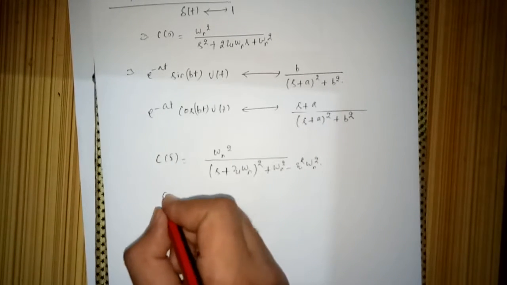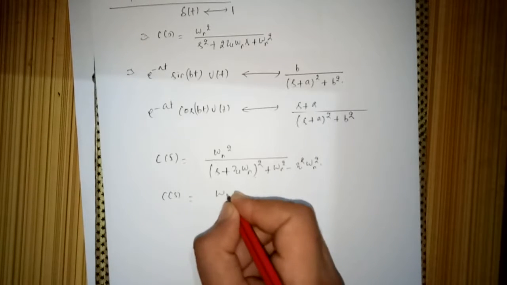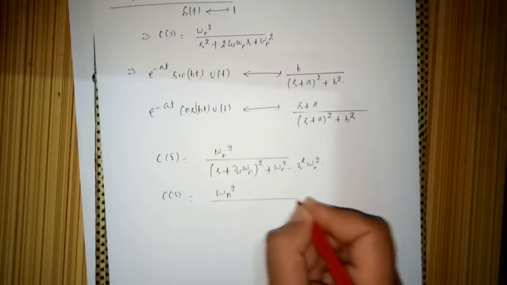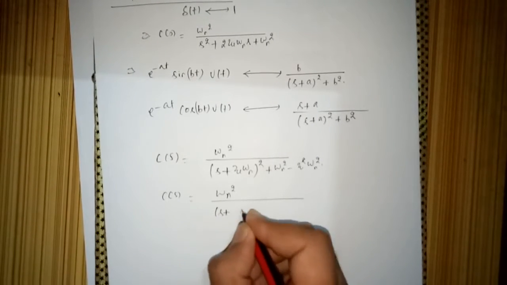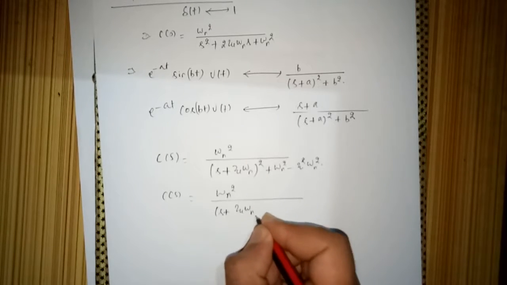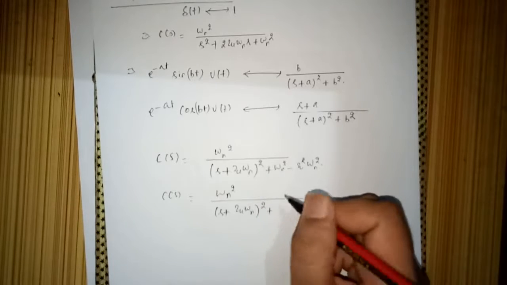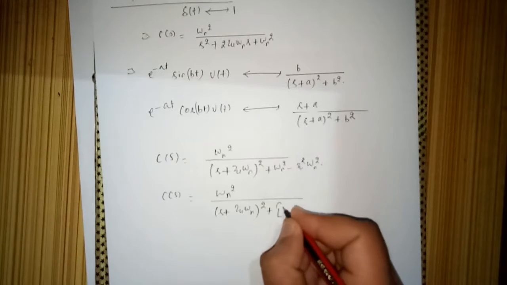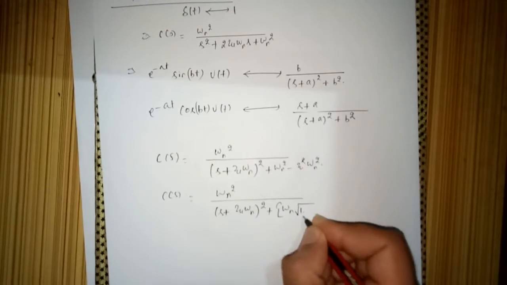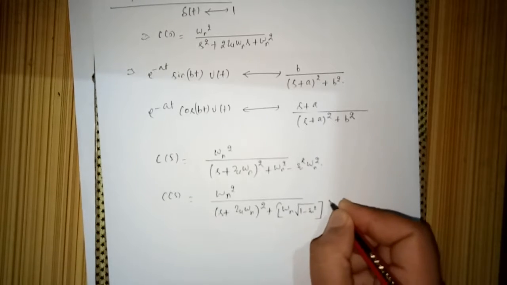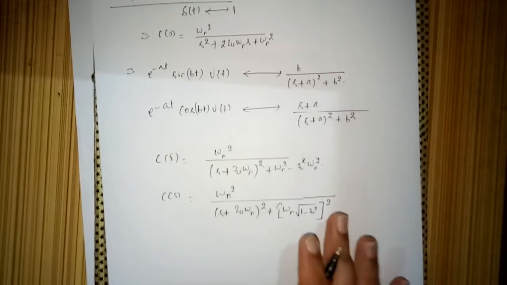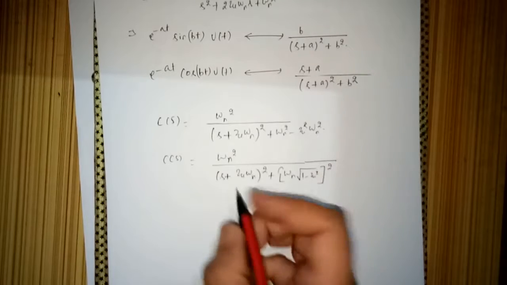And C(s) I can write as omega n square over (s plus zeta omega n) square plus, if I take omega n common, omega n under root 1 minus zeta square whole square. This is nothing but my omega d square, right?